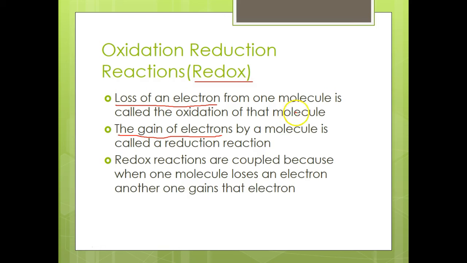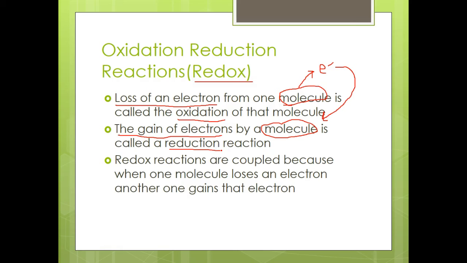When one molecule loses an electron, it is said to be oxidized. It has lost an electron. And when this molecule gains the electron that was just lost by the other molecule, it is said to be reduced.